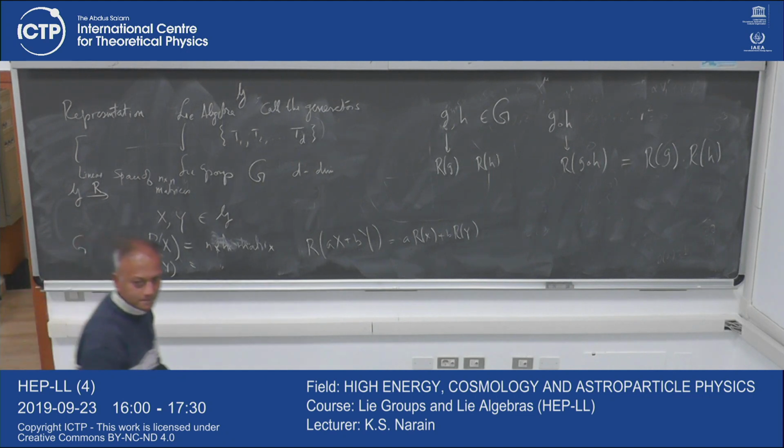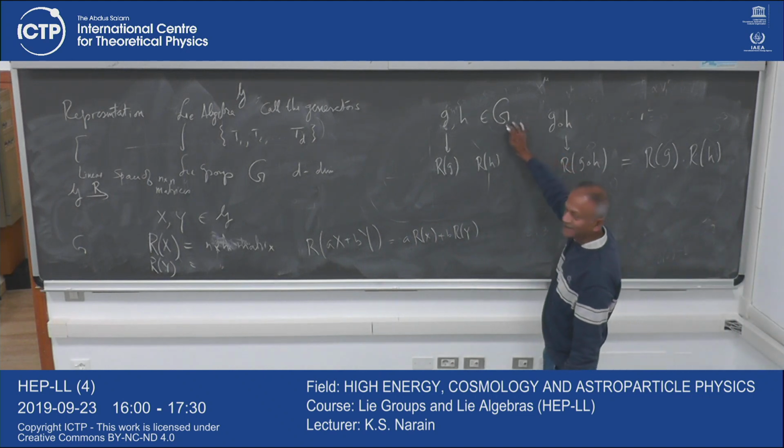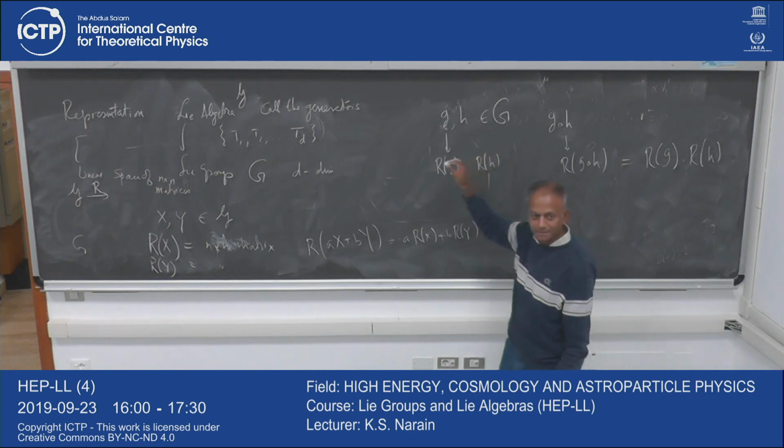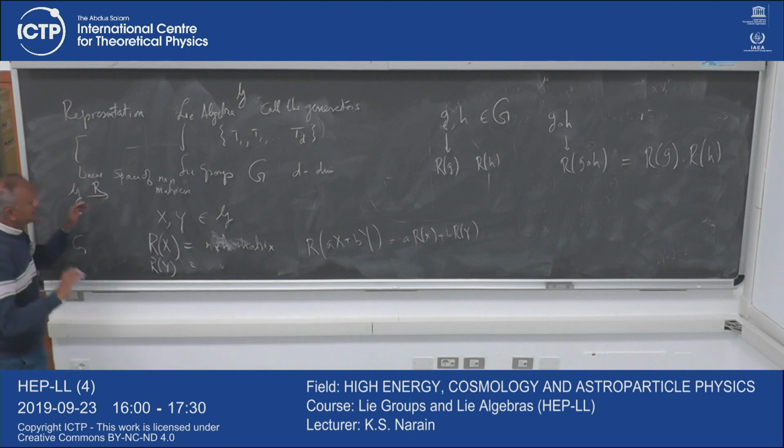Sorry, go ahead. In that part, are G and H elements of the group or the algebra? So here when I use capital G, I mean the group. Typically, just to be consistent, I will try to use the calligraphic G for the Lie algebra, and just a capital G for the group.